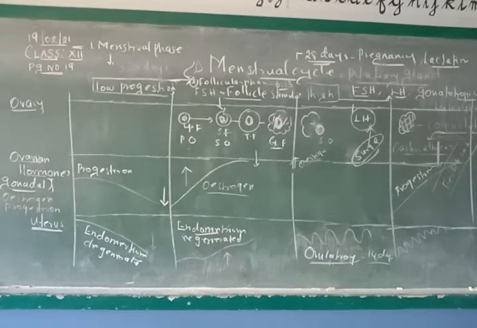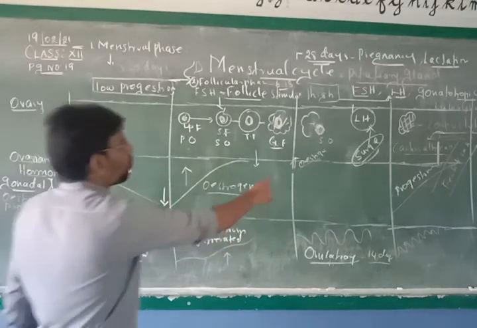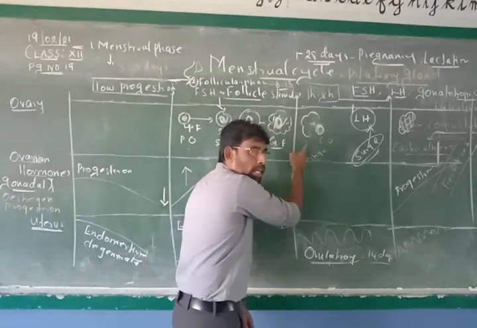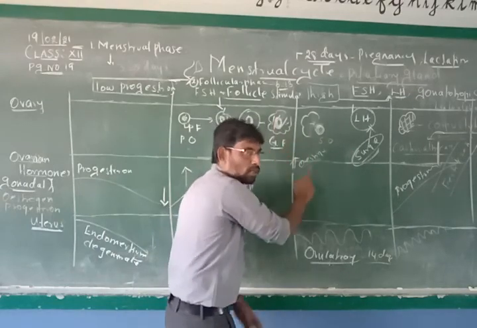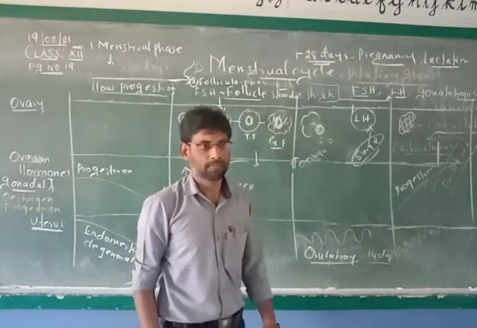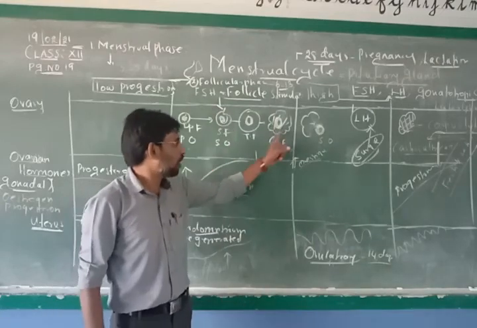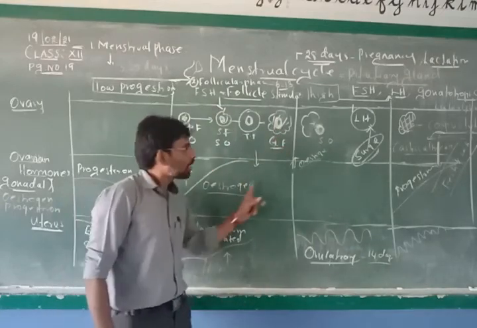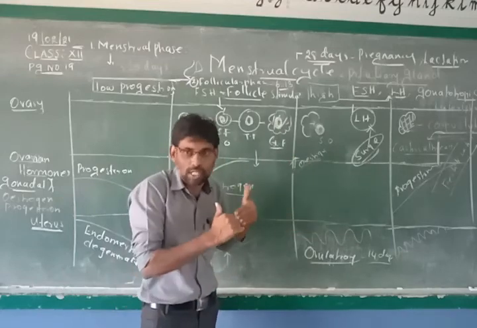Very good. Right. So maximum secretion of LH occurs during the mid cycle, that is the LH surge. Whenever LH is more, it will rupture the Graafian follicle, releasing the ovum. Understand? When the Graafian follicle is there, you have estrogen. When the Graafian follicle is ruptured, estrogen level decreases.